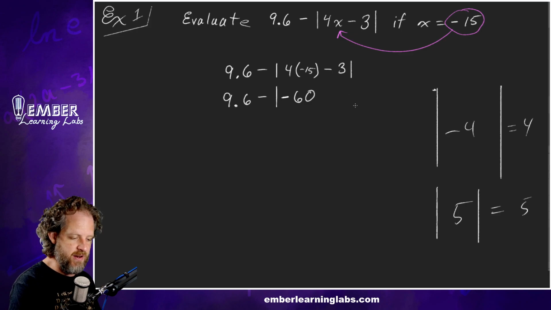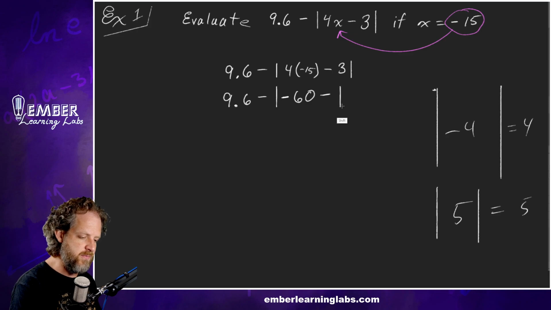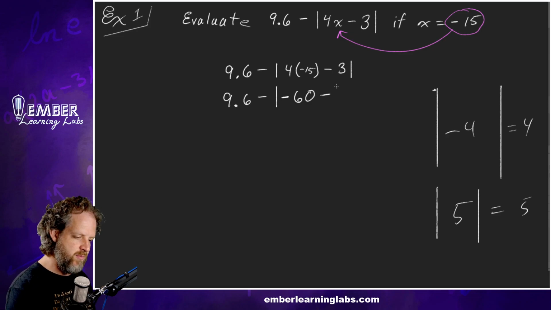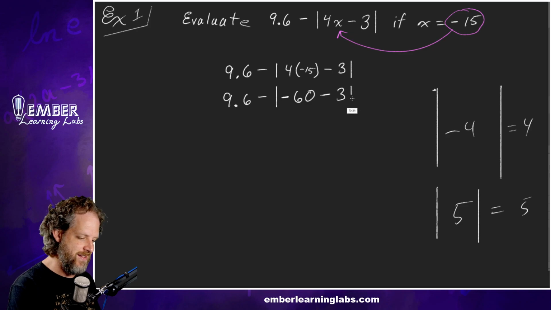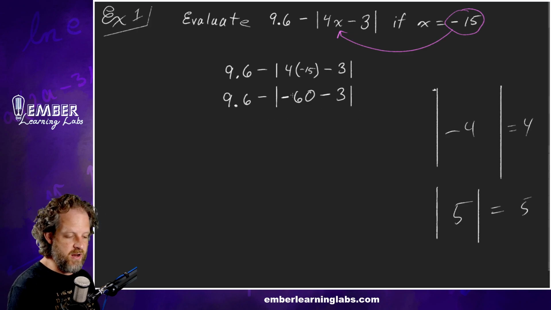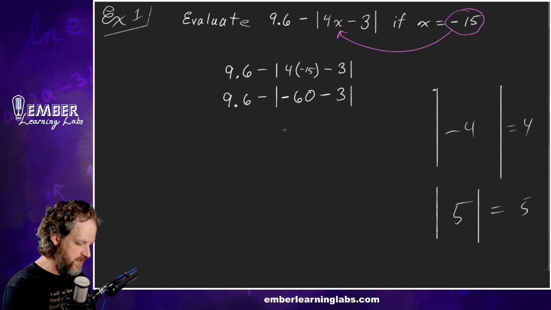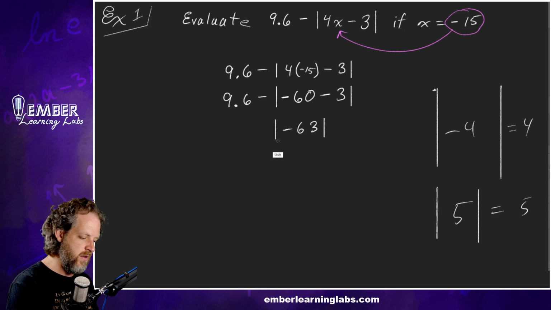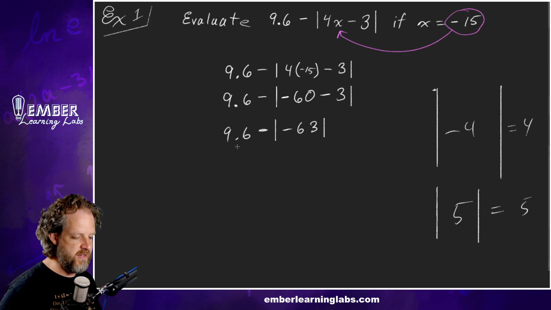You can verify that on your calculator. I'm going to bring down a minus 3. Then we finish cleaning up inside the absolute value. Negative 60 minus 3 is negative 63. Bring down the absolute value, bring down this minus, and 9.6.